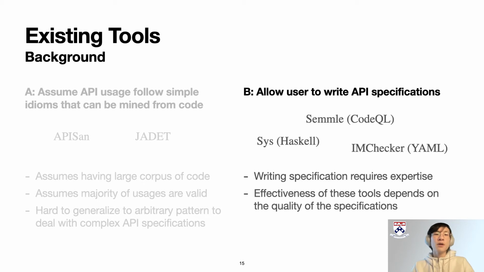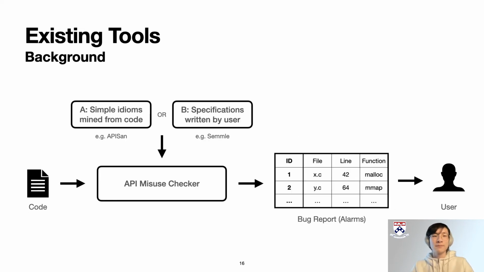These tools are very powerful as the user can write quite complex specifications, but the problem is also quite obvious, as writing the specification requires expertise and time. Meanwhile, if an API is less commonly used, people might not find it worth it to invest time writing specifications.